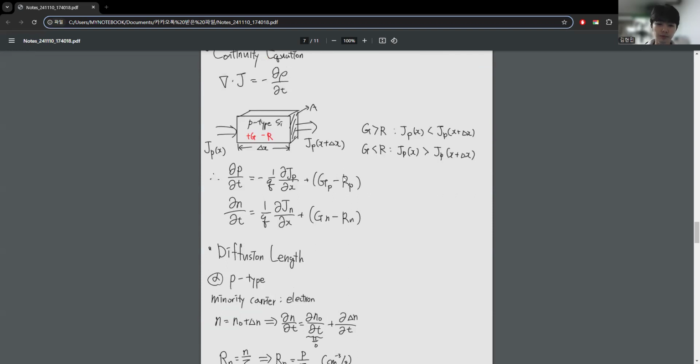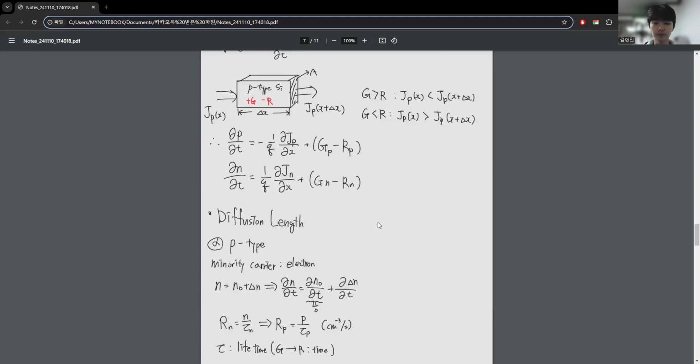So round del p over round del t equals minus 1 over q times round del Jp over round del x plus Gp minus Rp. And for electrons, round del n over round del t equals 1 over q times round del Jn over round del x plus Gn minus Rn.